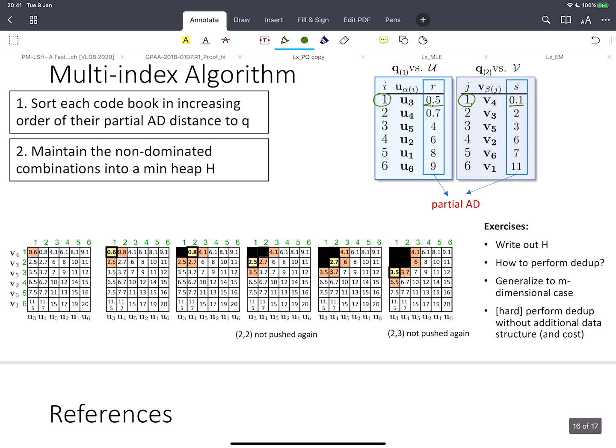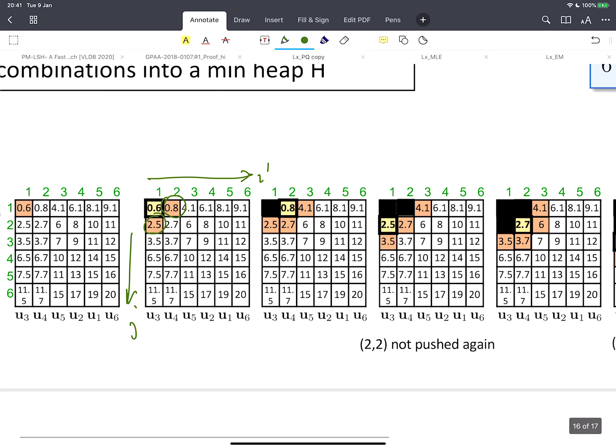Once you process this guy, before you remove it from the heap, what you do is push its neighbors. Its neighbor is actually 1, 2, which is this one. This is the I, this is the J. So basically that's going to be 2, 1 and 1, 2. So you push 2, 1 and 1, 2 into the queue.